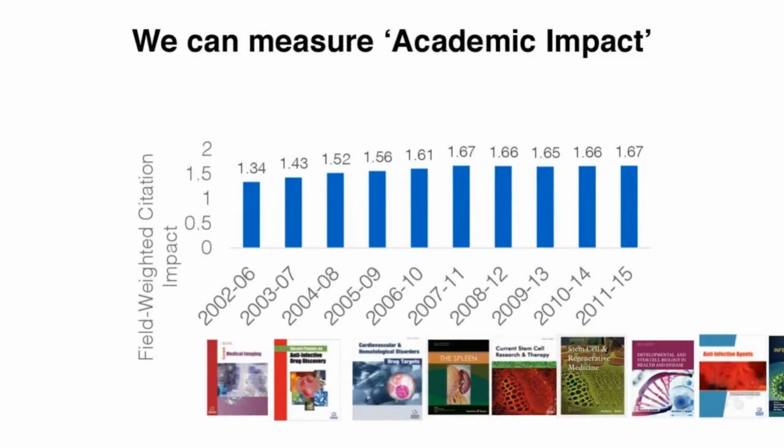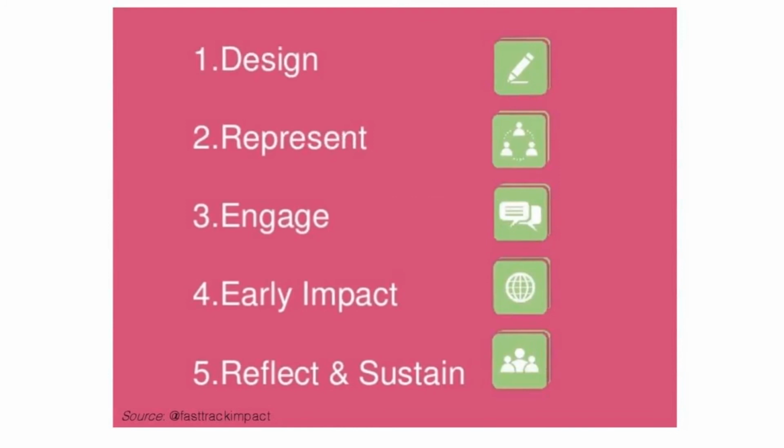So the point I'm making is that we measure academic impact. Here's a citation impact field-weighted plot. You can see that this is becoming more and more important as time goes on. But don't forget that academic impact is just half the story for us as researchers.